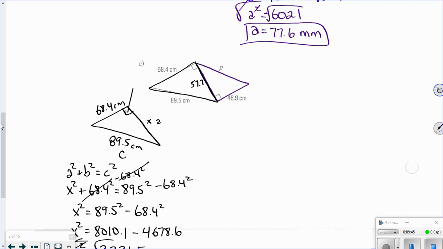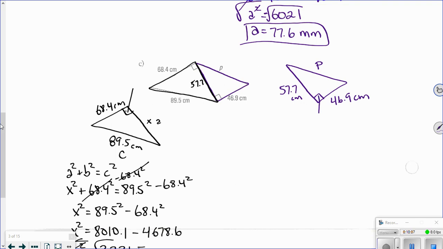And that helps me because now I can use my other triangle to actually solve for P. So my other triangle looks kind of like that. Those are the two sides I know.